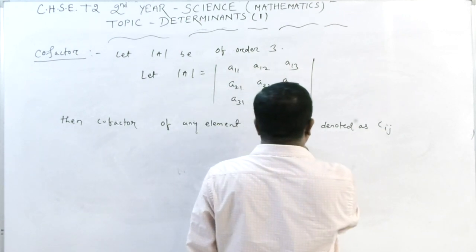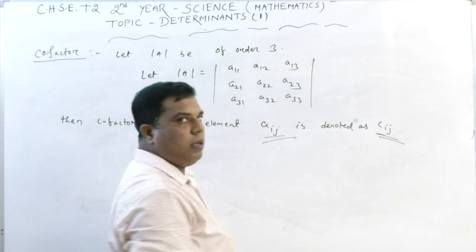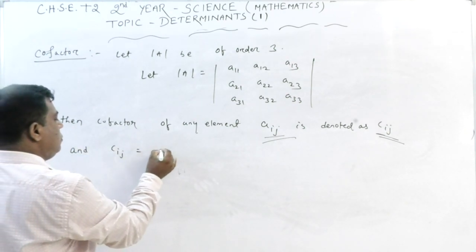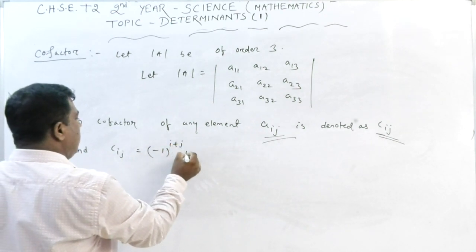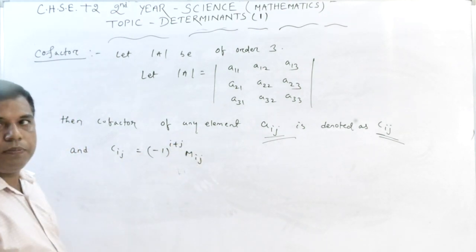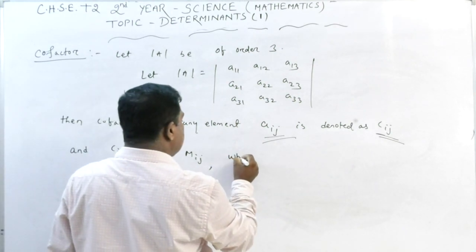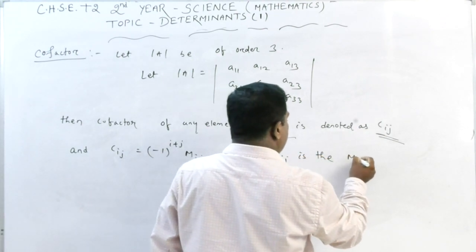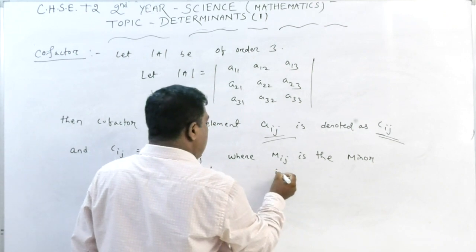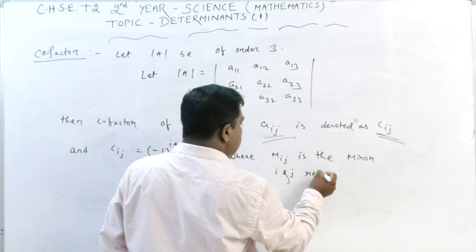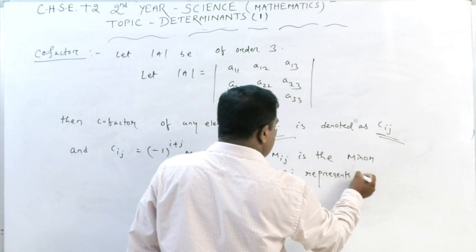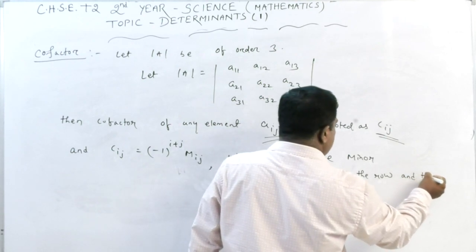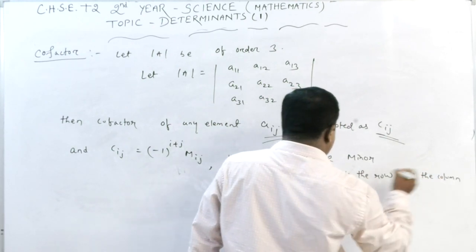Cofactor of any element Aij is denoted as Cij, and Cij equals minus 1 to the power i plus j multiplied with Mij, where Mij is the minor, and i and j represent the row and the column of Aij.